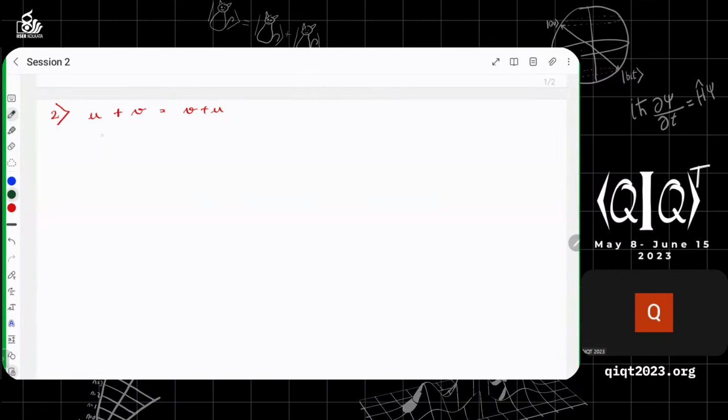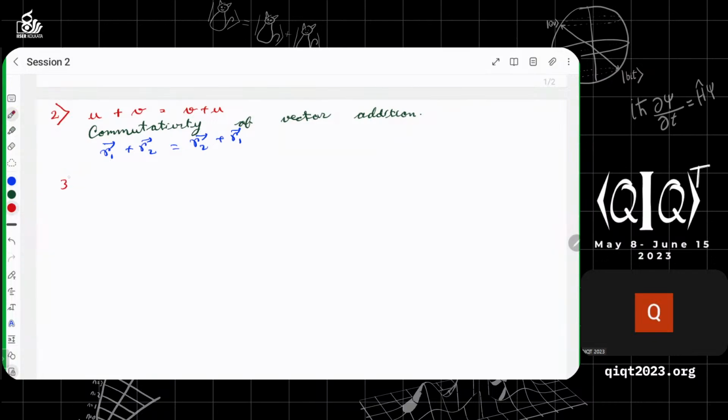That's what commutative means. Again, if we take the example of R3, then r1 vector plus r2 vector and r2 vector plus r1 vector are basically the same.